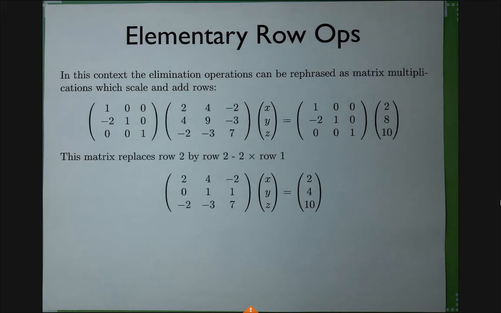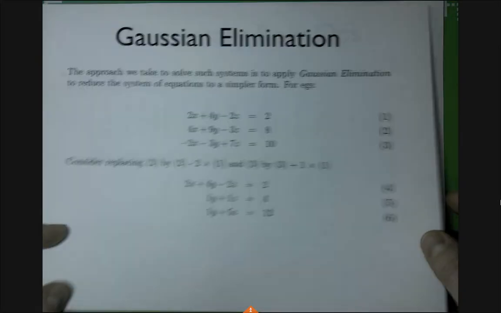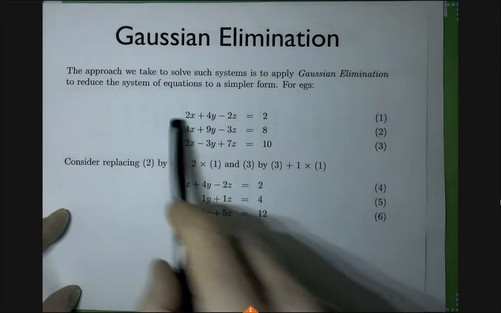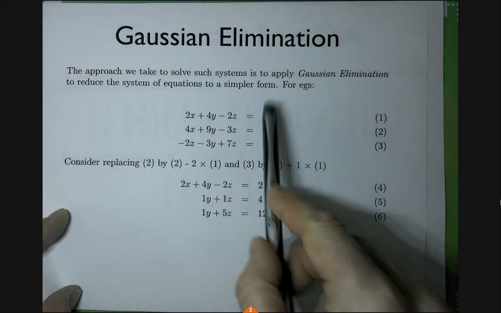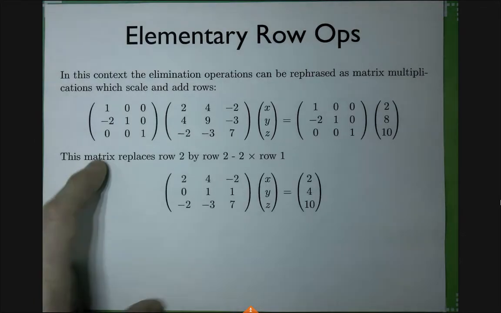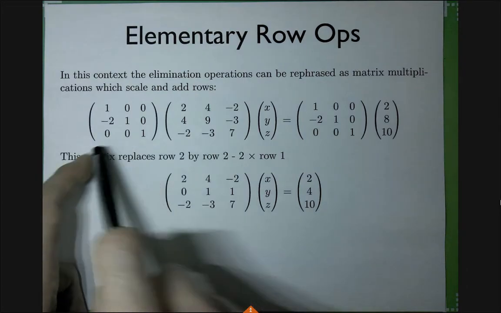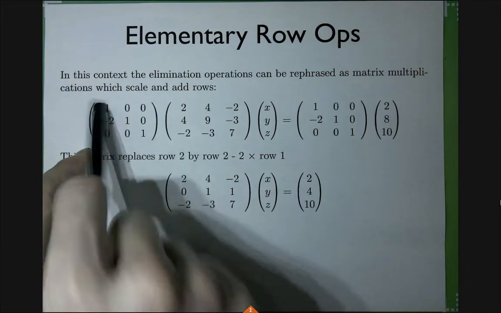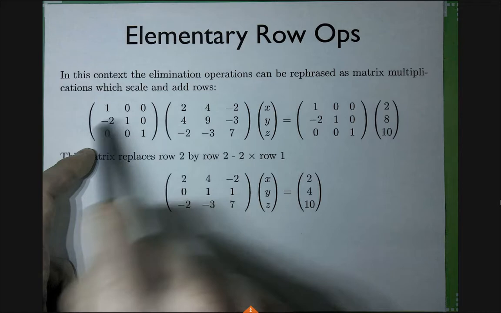So if you remember, what did we do to the system to actually bring it up? What was the first thing when we were solving the system? We took the first equation, multiplied it by -2, and added it to the second equation. Okay. So how can we do this with matrices? Well, we can define this special matrix, 1, 0, 0, -2, 1, 0, 0, 0, 1.